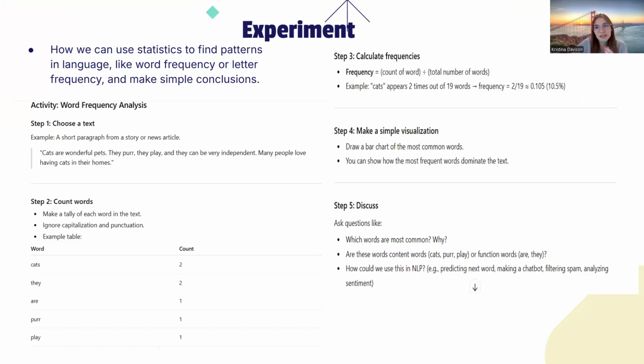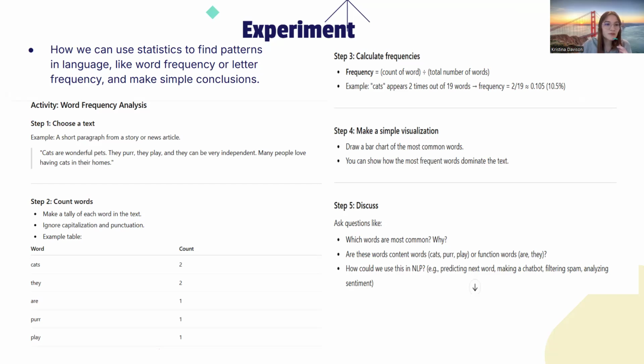So I just used ChatGPT for this, and I asked, hey, can you make me a simple experiment to use for a class to help understand the relationship between linguistics and statistics? So the question we're looking at here is how can we use statistics to find patterns in language like word frequency or letter frequency and make simple conclusions from that?